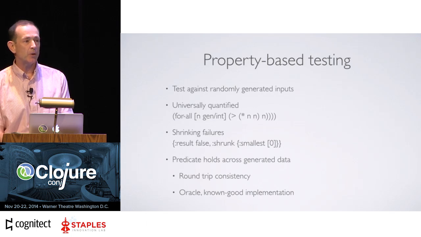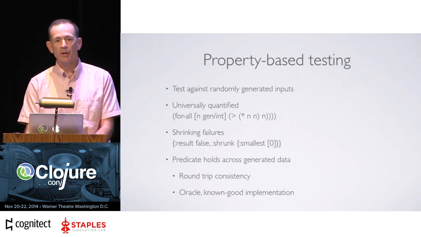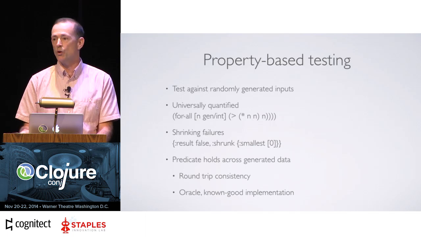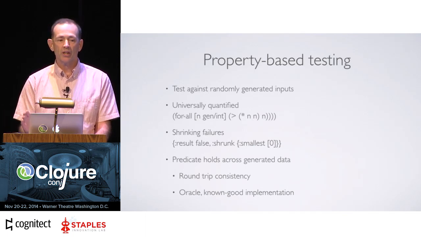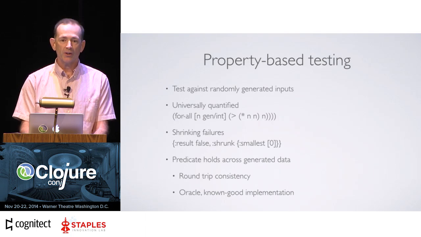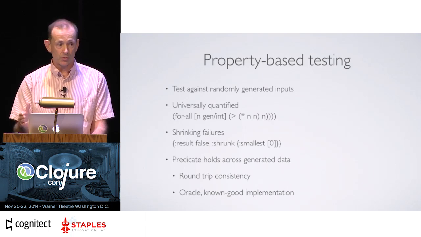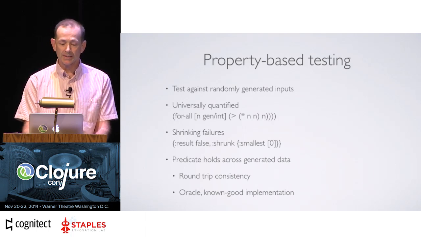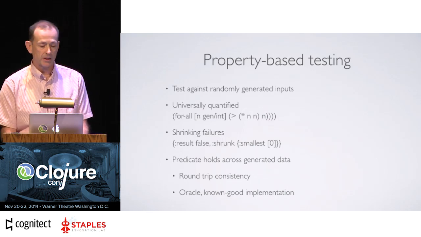Another way to think about your predicates is to create a predicate that uses some kind of Oracle or known good implementation. Maybe you have a system that you already trust, and you're working on a new system that's going to be a lot faster, but you want to make sure you still get the same answer. So you can compare your new answer to your old answer and make sure they're the same. So that's another kind of predicate that you might want to write.